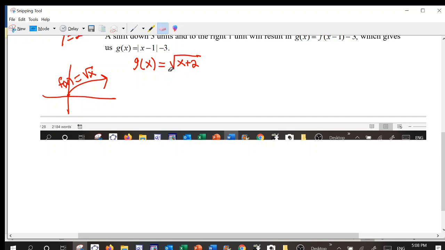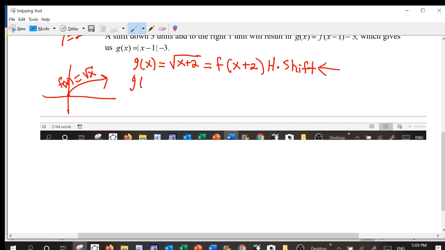In function notation you can write it as f of x plus 2. Since it moves to the left, we call it a horizontal shift to the left. So if you add, it goes to the left.